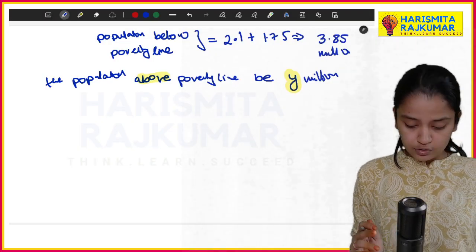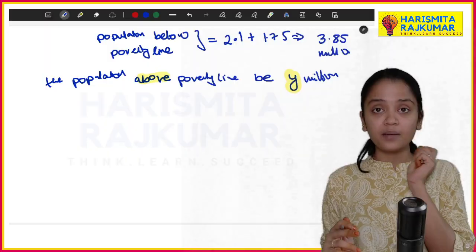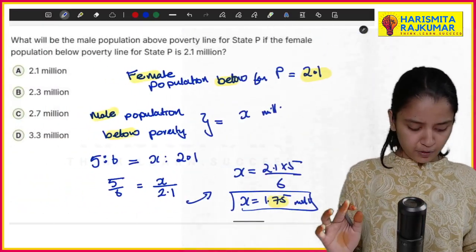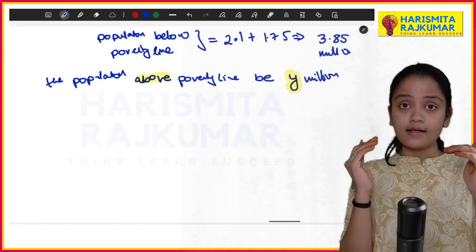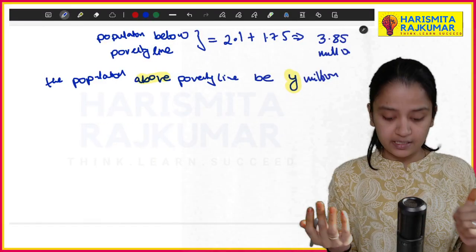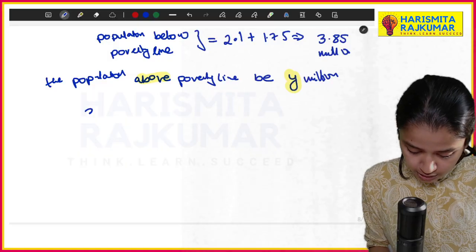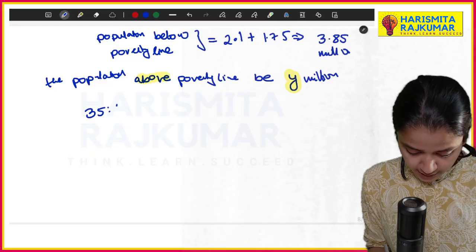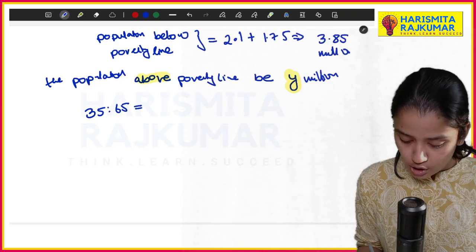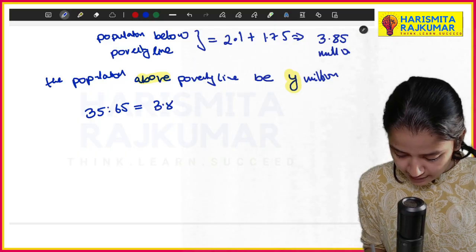Now, they gave that 35 percent of the state population is below the poverty line. Then basically 65 percent will be above the poverty line. So 35:65, where 35 is the percentage below the poverty line, is 3.85:Y.